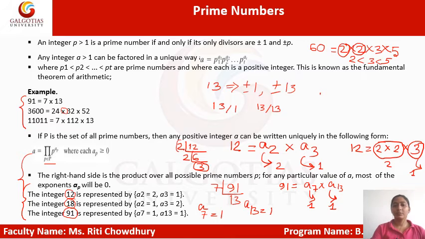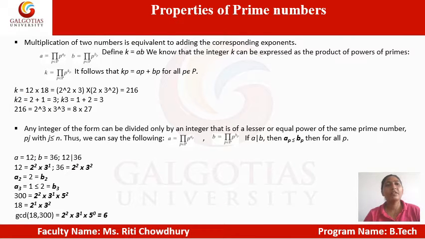Right? So now here are two properties of prime numbers. The first property says that if we have A as the product of p to the power A_p, and B as the product of p to the power B_p, then we can write the product AB as the product of p to the power k_p, such that k_p equals A_p plus B_p.